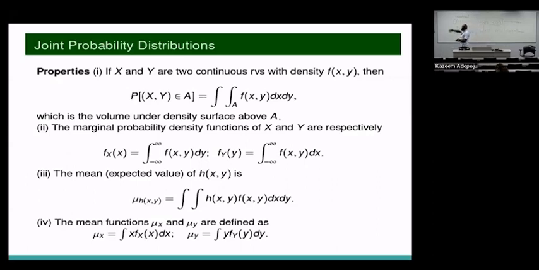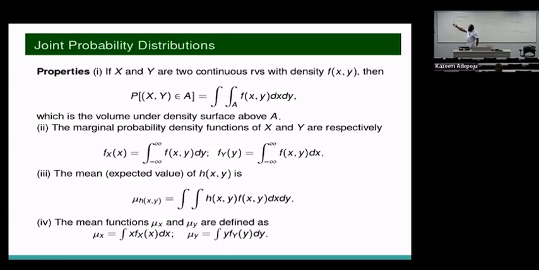Let's take a look at the first one. It's telling you the probability that x, y lies in A. If I want to figure that out, I need to integrate the probability density function, which happens to be f of x, y, the joint distribution.